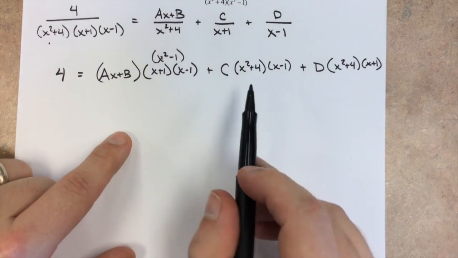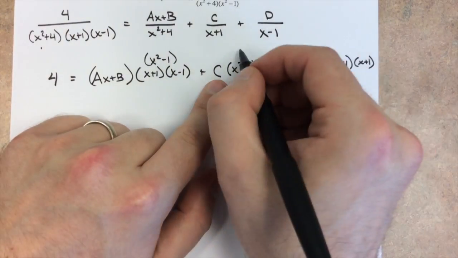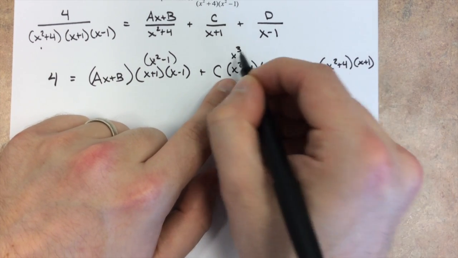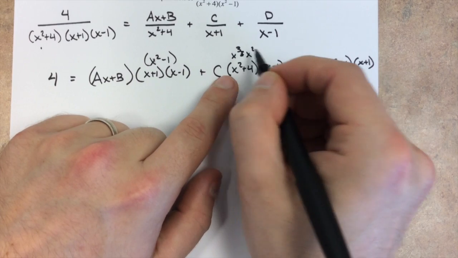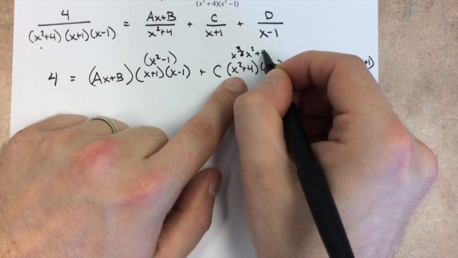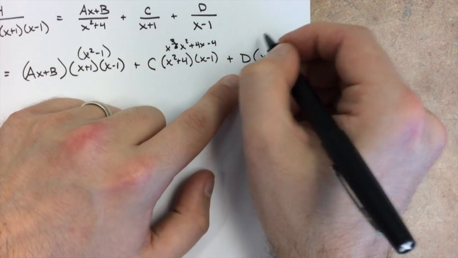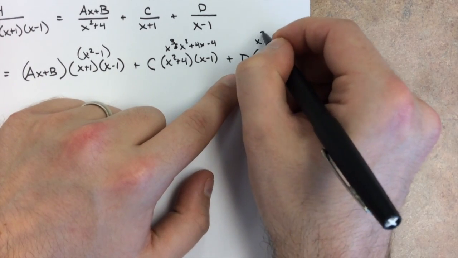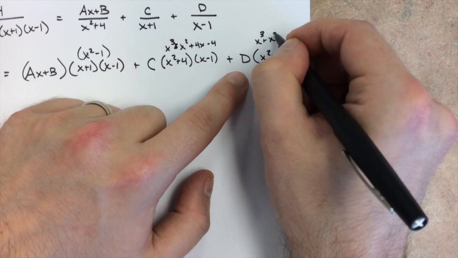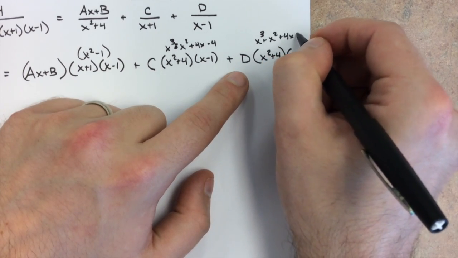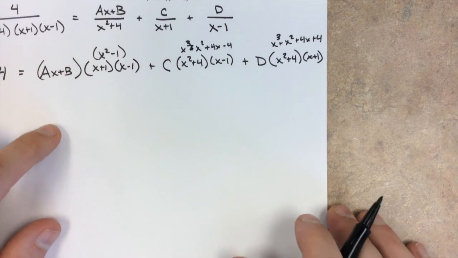Okay, I suggest you do a little algebra here. If we FOIL this out, we get x cubed plus x squared, x cubed minus x squared plus 4x minus 4. And here we get x cubed plus x squared plus 4x plus 4. Okay.